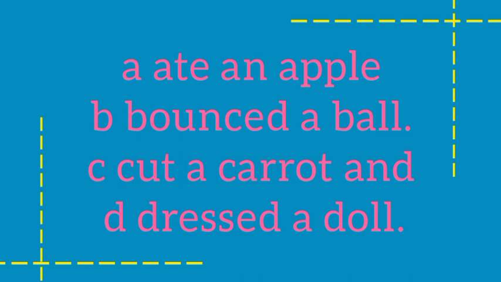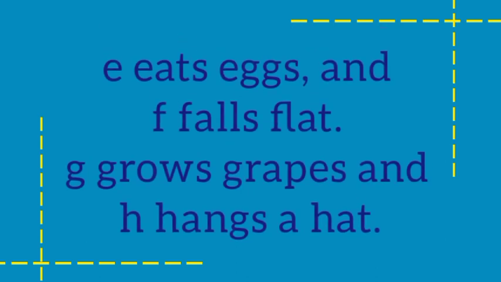A ate an apple, B bounced a ball, C cut a carrot, and D dressed a doll. E eats eggs, and F falls flat, G grows grapes, and H hangs a hat.